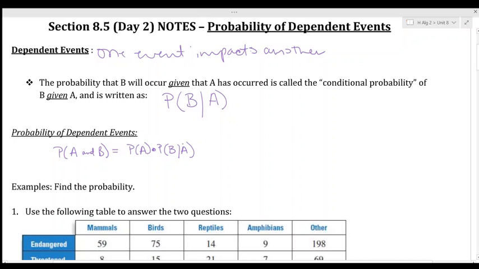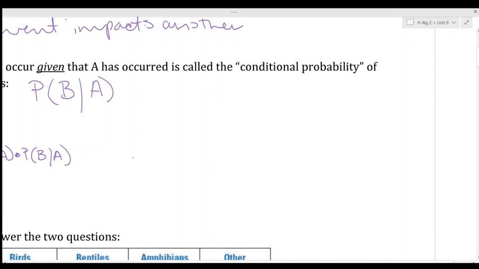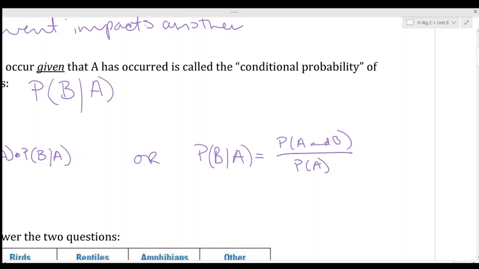But when you pick a second flower, now there's only 9 flowers left, so you have only 9 flowers to choose from, okay? Another way you'll see it written sometimes is the conditional probability is equal to the probability of A and B over the probability of A. If you go on in your young lives to take AP statistics or statistics in college, this is what you'll see more often than the other equation.